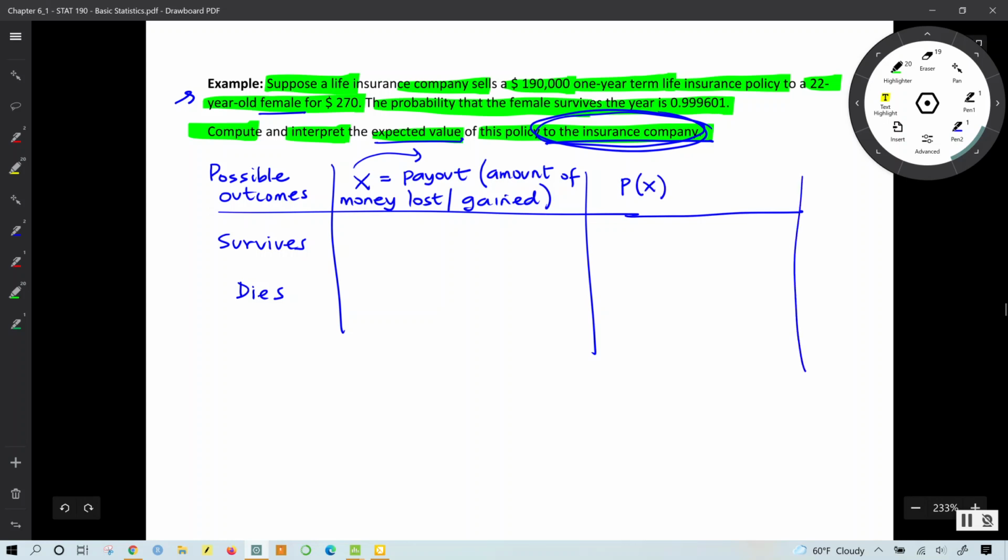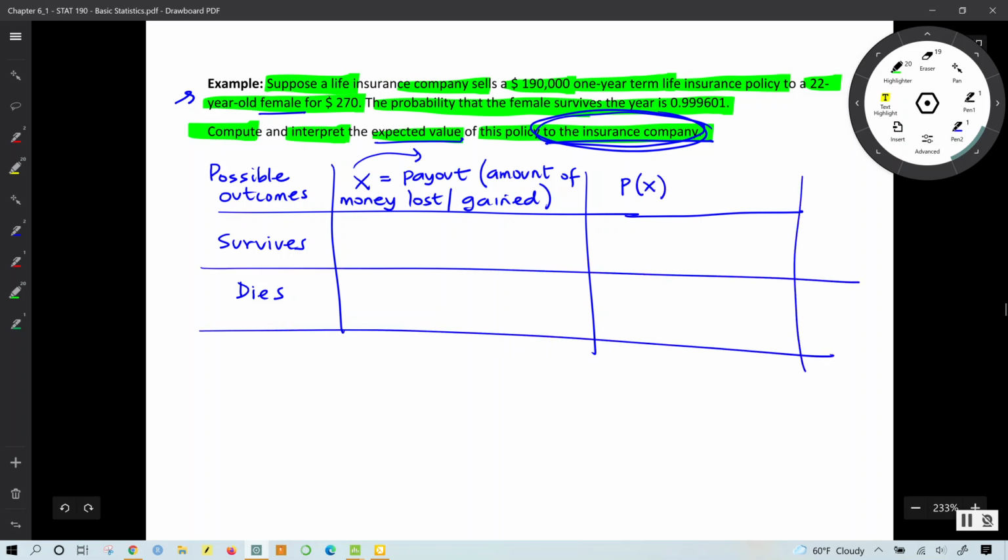That is, what are the probabilities of the possible outcomes? First of all, if this female survives during that year, as far as the insurance company is concerned, they are not paying out at all. What they have gained is $270 that year, and they are paying out nothing.